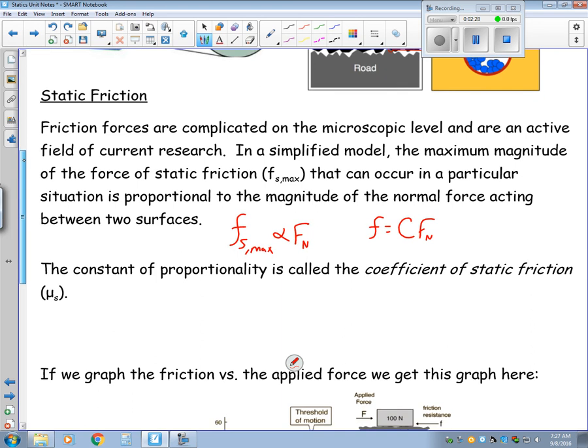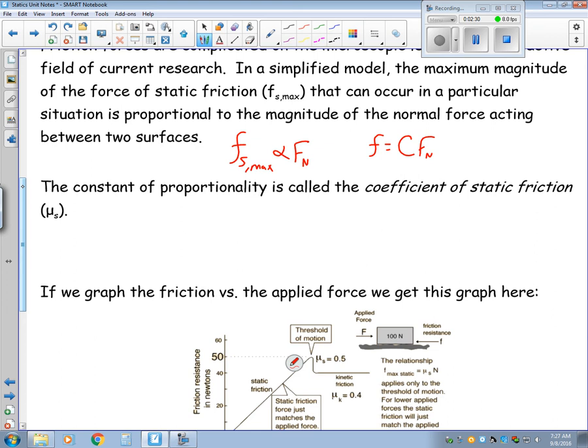All right, so going back to this constant of proportionality, for friction, it's called the coefficient of static friction. We use the mu symbol, which looks like a U with a tail in front. And that's how we can calculate the maximum static friction.